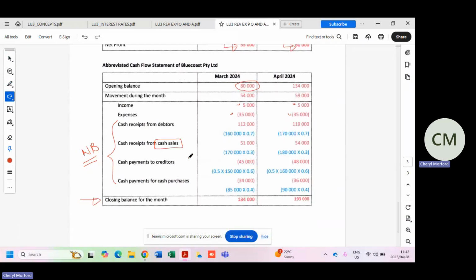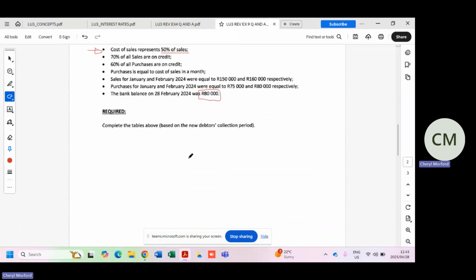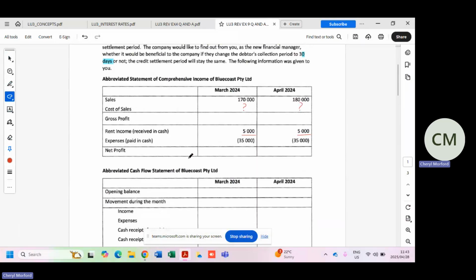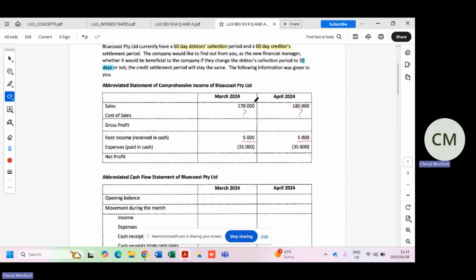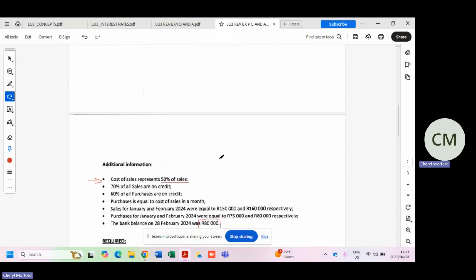So for March, I'm needing to go up to my question and I'm needing to see what the sale was for March. I see it is 170,000. Now I need to see what percentage of that is cash. So I need to look at my additional information.